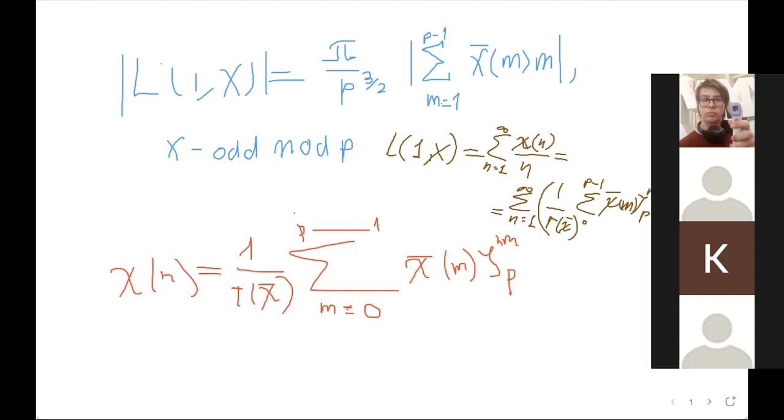Okay, so now I think we should take this sum from 0 to p minus 1. Do I write it correctly? Yes, so it will be the sum for what?